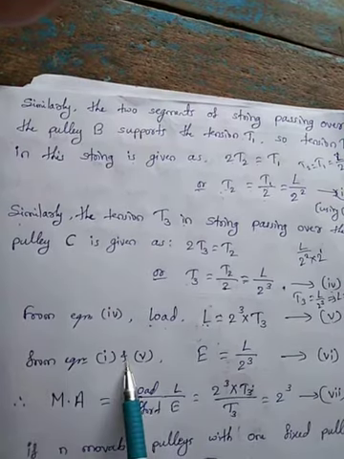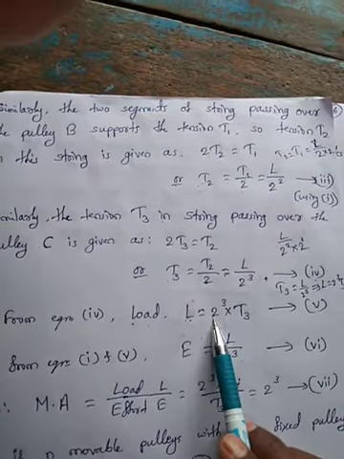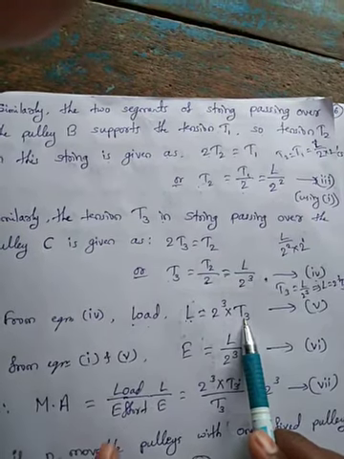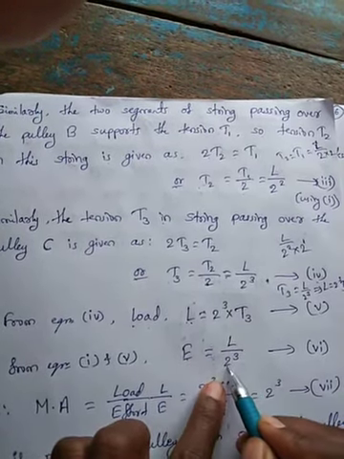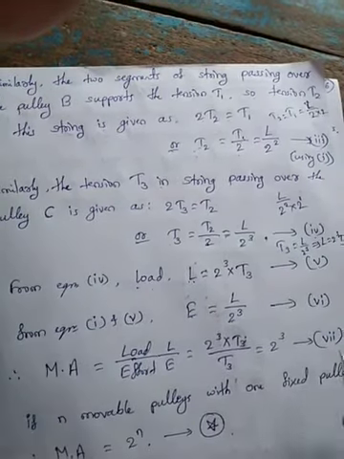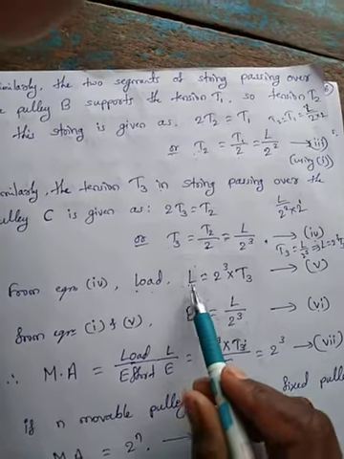Again, from equation number 1 and 5, equation number 1, E is equal to T3 and L is equal to 2 cube into T3. We will get E is equal to L divided by 2 cube. Equation number 6. This is the effort we got, and L also we got.